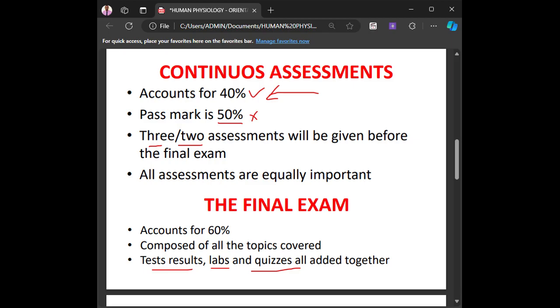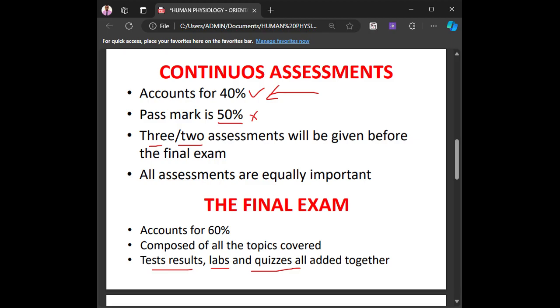Now, the way these components are distributed towards the 40% of the continuous assessments varies from one academic year to another, depending on what the Department of Human Physiology decides. Out of 40%, they might say that the tests will carry 20%, and the other 20% will be shared between the labs and the quizzes.